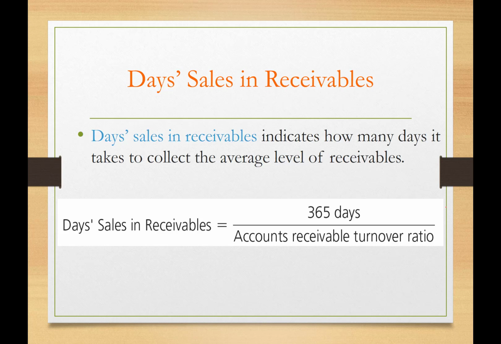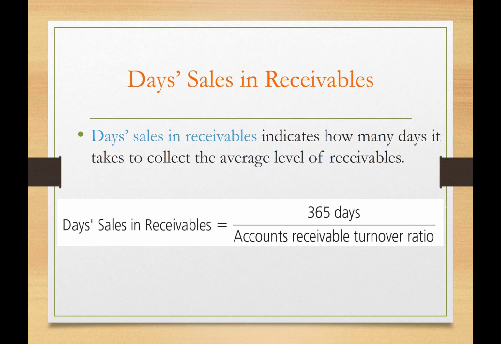Now, how long do we have sales and receivables? How long are we taking to collect in days our accounts receivable? So in this case, we would just simply take the 365 days divided by the accounts receivable turnover ratio we just calculated. And again, we want this to be lower the better.